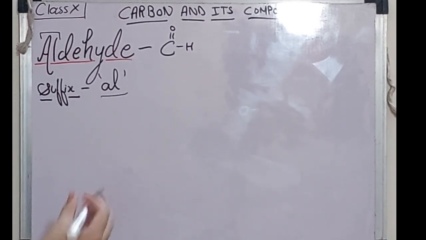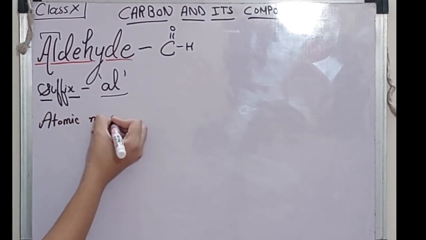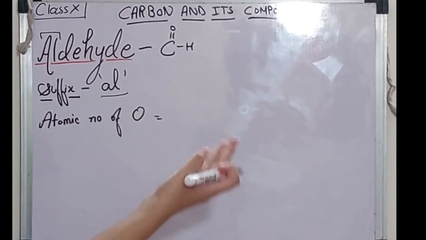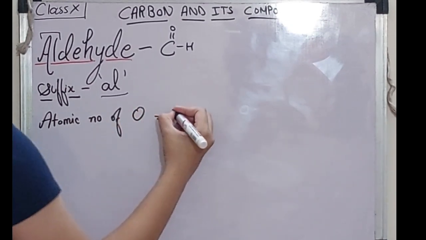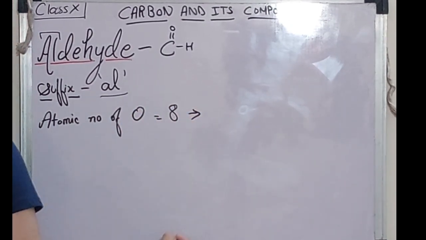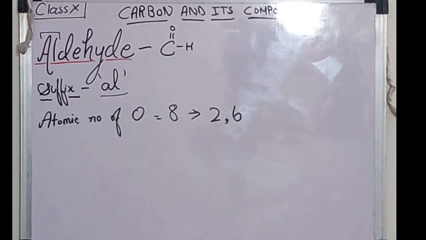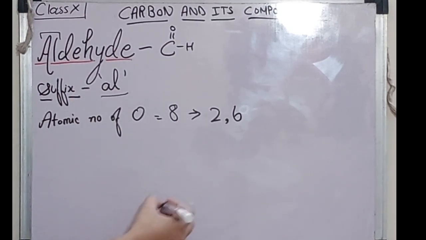The atomic number of oxygen is what? Hydrogen, helium, lithium, beryllium, boron, carbon, nitrogen, oxygen, that is 8. So if I do its electron configuration, it will look like this. You know electron configuration: the K shell, L shell, M shell and N shell. So 2 and 6.